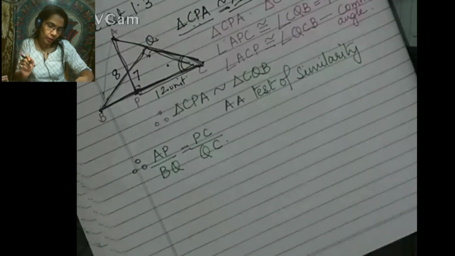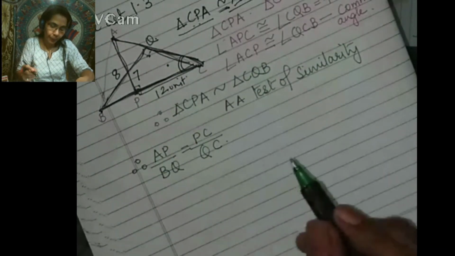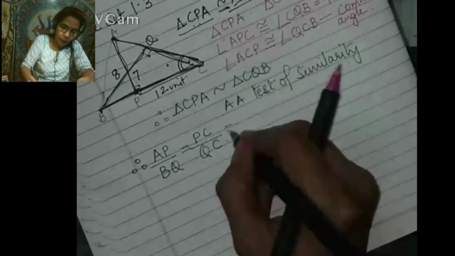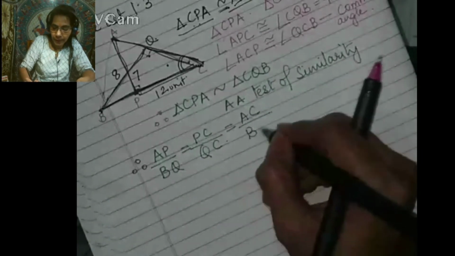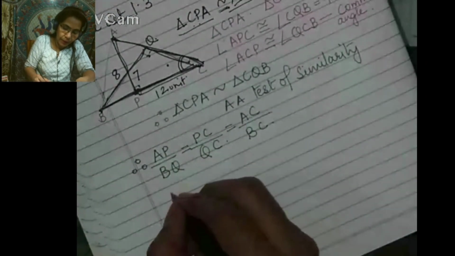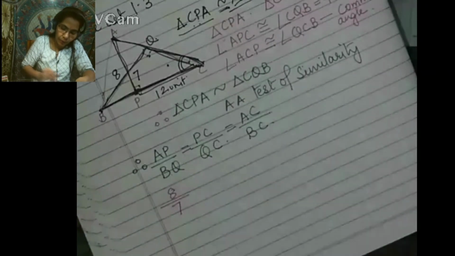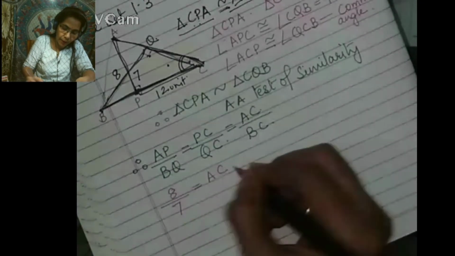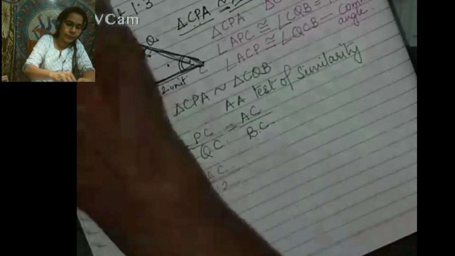What do we need to find out? We need to find out AC. AP is 8 units, PQ is 7 units. AC we have to find out, and BC is equal to 12 units.